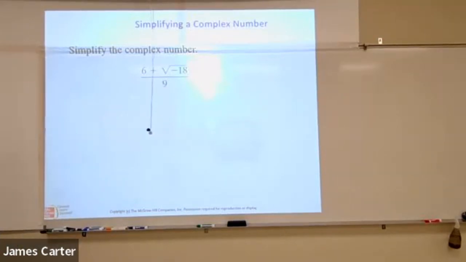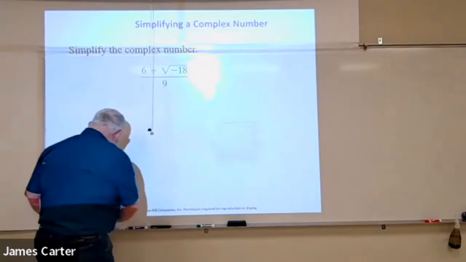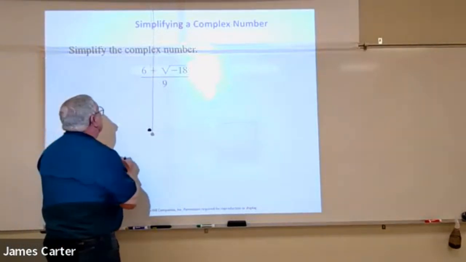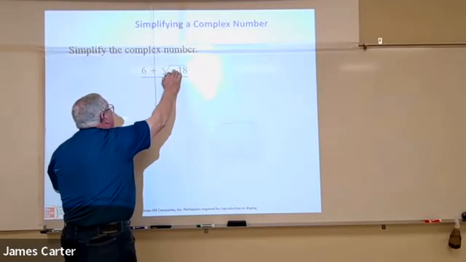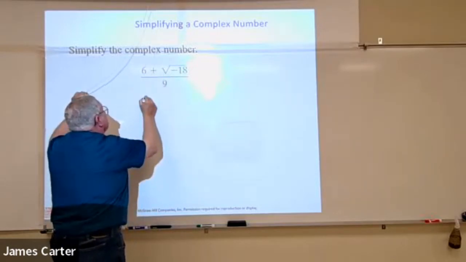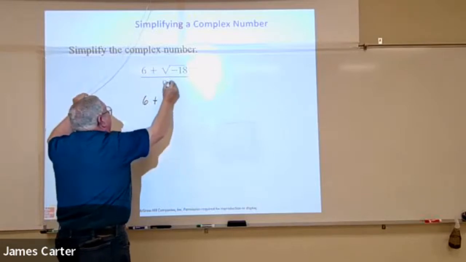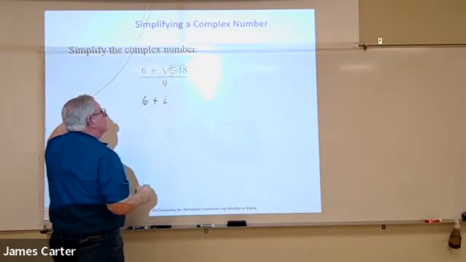Okay, the final one out of this particular set. We've got to simplify this thing. Well, in this particular case, we've got to deal with that. So we've got 6 plus an i we've extracted.